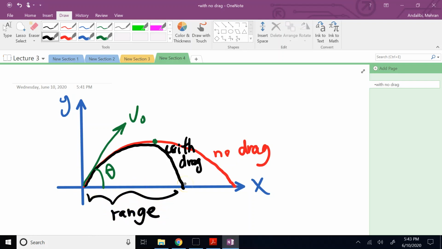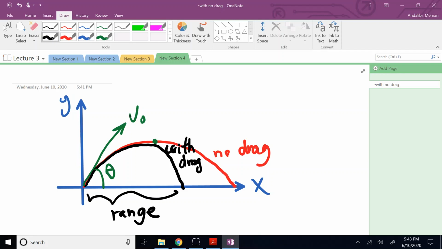This range is definitely going to be shorter than the range where there is no drag, because drag is like friction. It does take the energy of the projectile, initial energy, and will not allow it to go its full range. Okay, so non-symmetric smaller range is what happens with drag, and it physically makes sense.